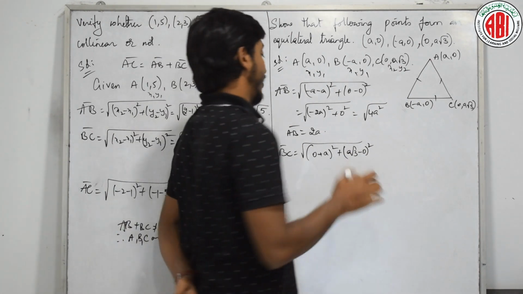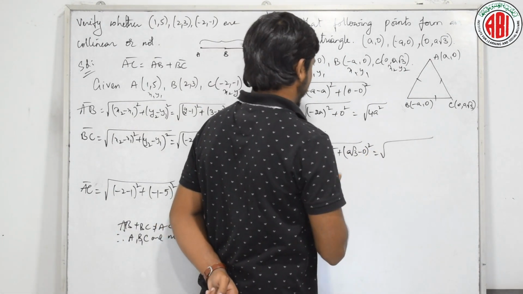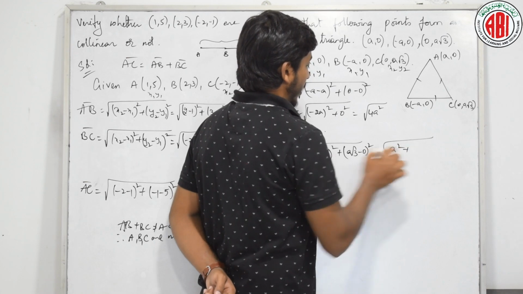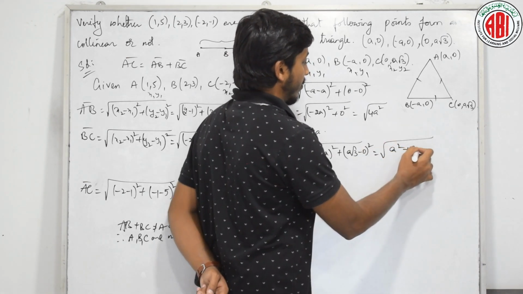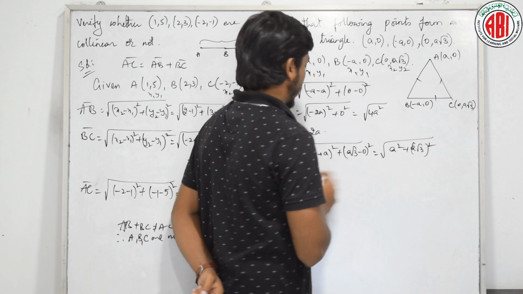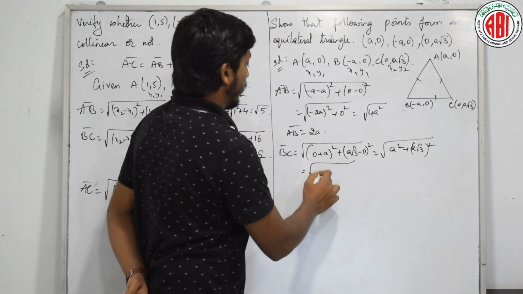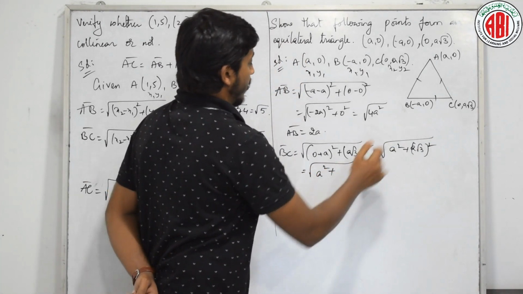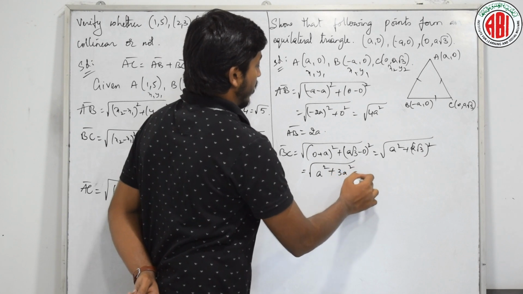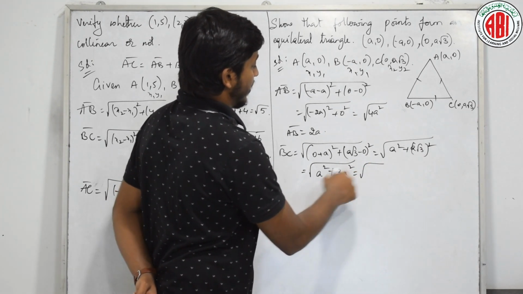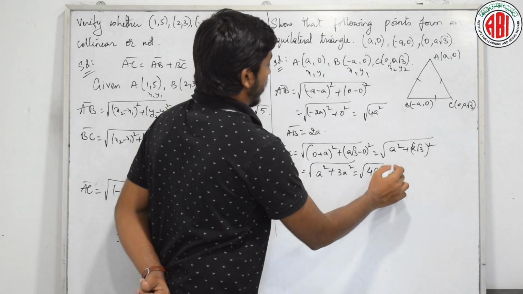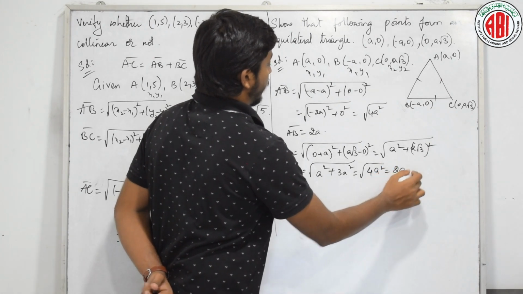I will write it directly. Okay, remember it. a square, and if we subtract 0 from a root 3 we get a root 3 whole square. What will it be here? Under root a square plus (a root 3) whole square is 3a square. Totally it is a square plus 3a square, that is 4a square, that is nothing but 2a.